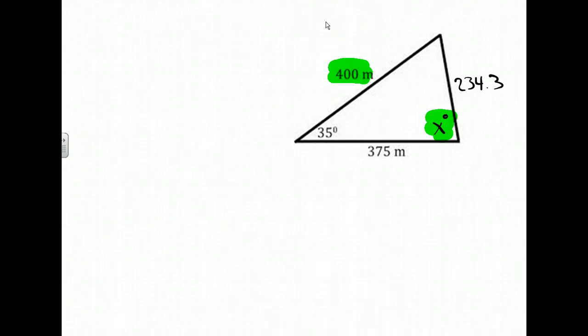So we have 400 squared equals, hold on, wait, what? Oh, you could use the law of sines for this, yeah. Now you could use law of sines. Let's just pretend that we forgot about that, and let's do law of cosines, just because we haven't done this yet.